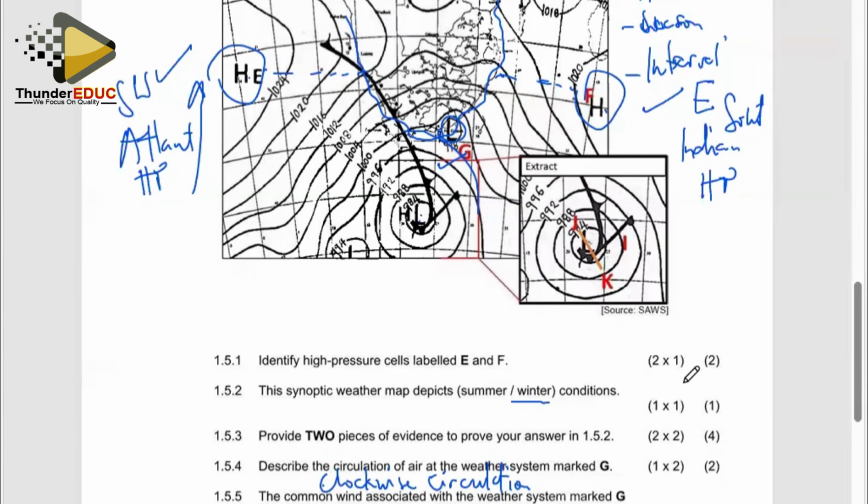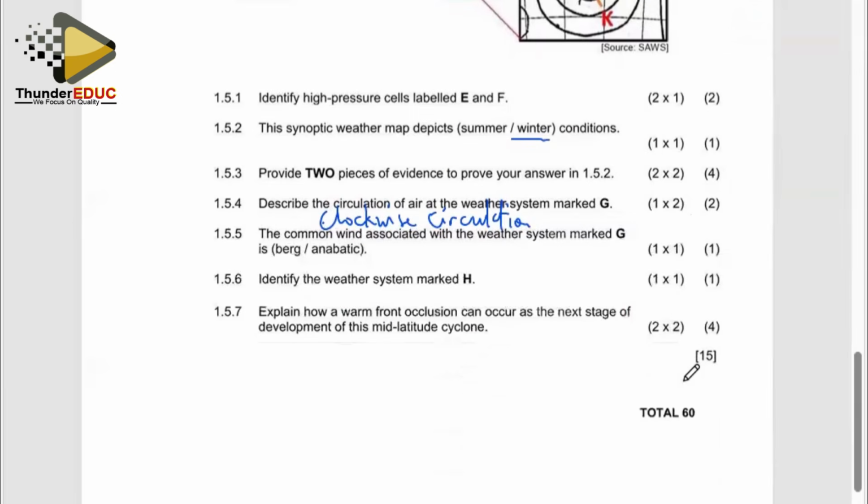If there is a coastal low pressure, it creates a pressure gradient between the interior and the coastal areas, such that winds are driven from the interior to the coastal areas, and that results in the berg winds. That is associated with the coastal low. They result in the formation of the berg winds. Right.